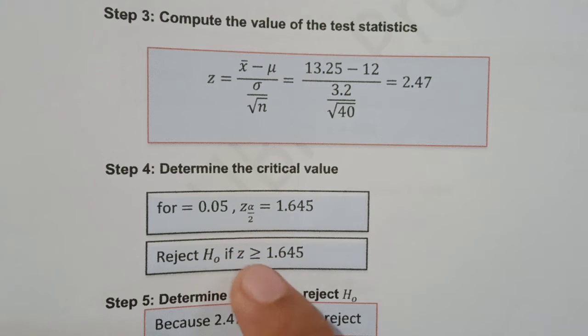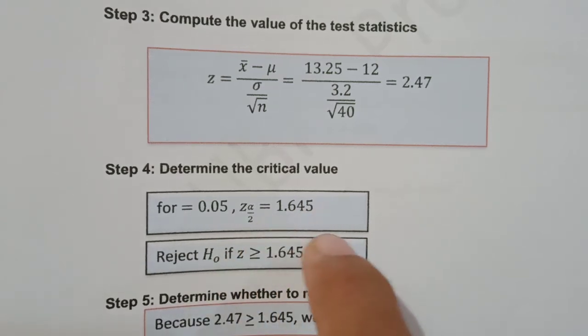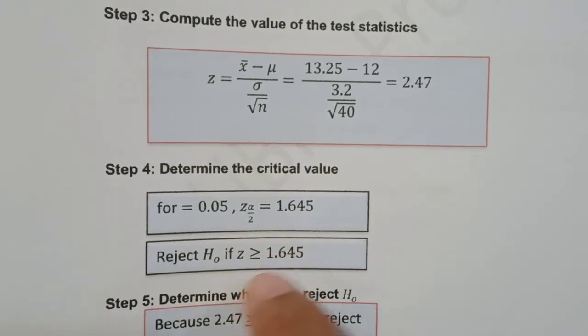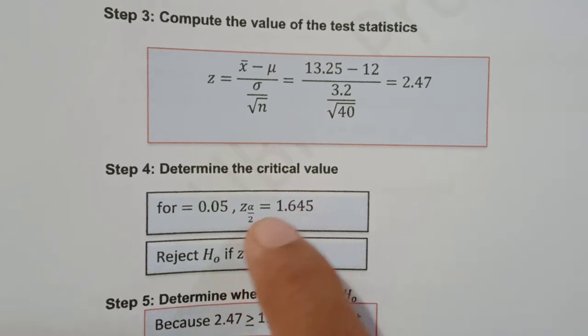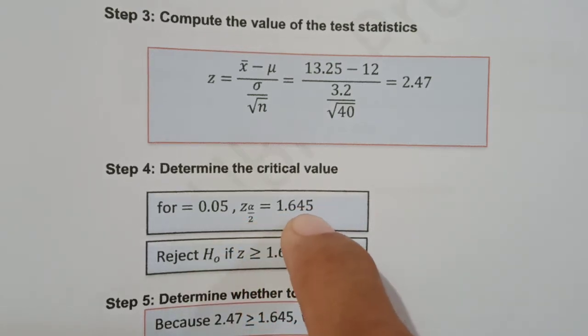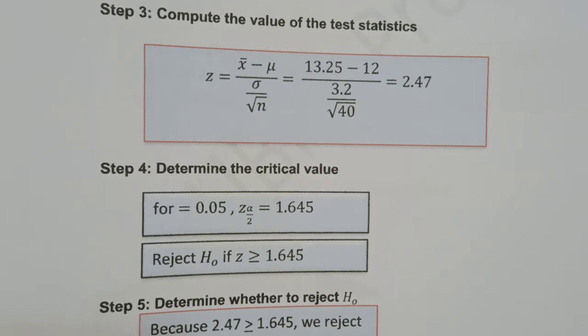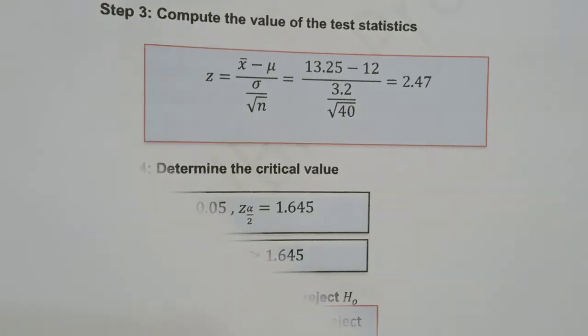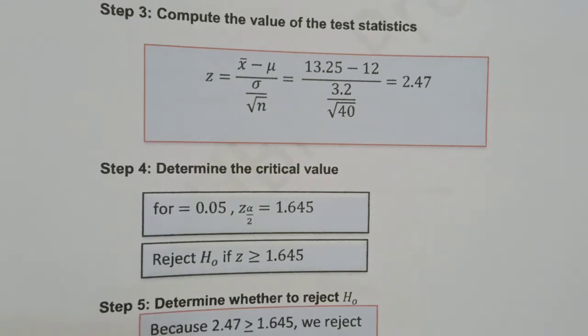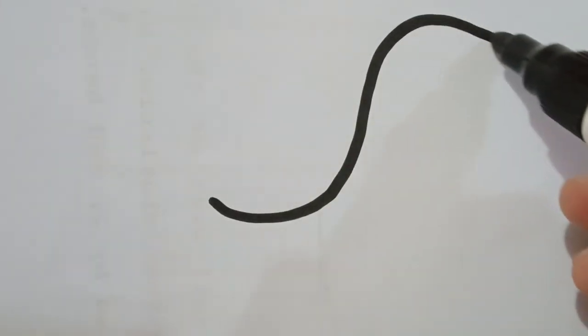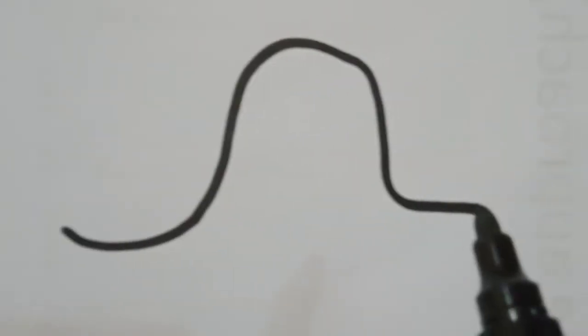Kapag yung makukuha mong Z ay greater than or equal sa critical value, syempre nandun sa rejection region yon, diba? Kukunin ko lang yung papel. Ayan. Ito yung ating normal curve.